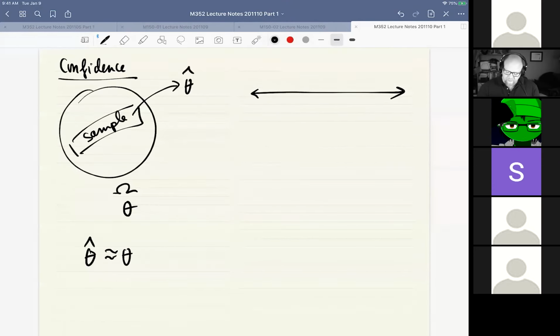So let's think of this as a theta axis. Our theta hat is going to be on there somewhere. The real theta is going to be somewhere else.